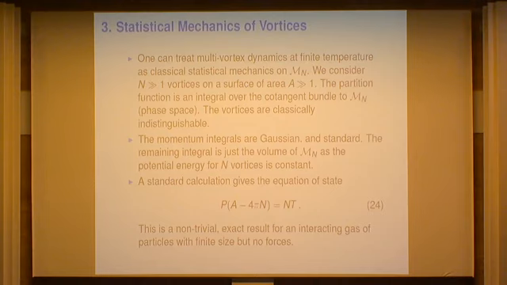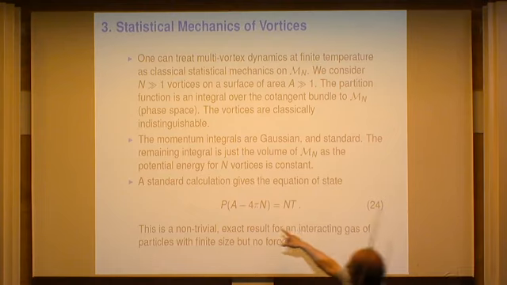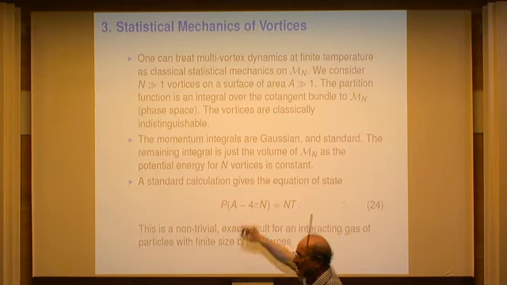So this is a nice, exactly solvable statistical mechanics. By the way, this is not truly the equation of state for vortices, because if you go to this dissolving limit, this is the moduli space statistical mechanics, but vortices actually have more degrees of freedom when the pressure gets lower. This equation says the pressure becomes infinite when A is 4 pi n.